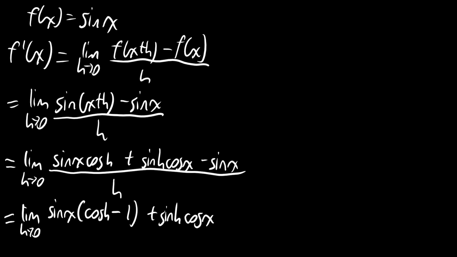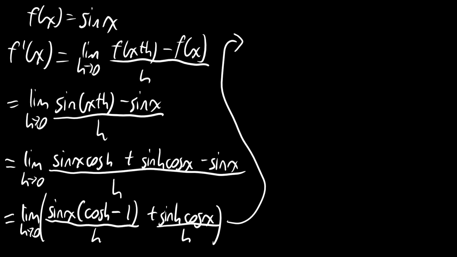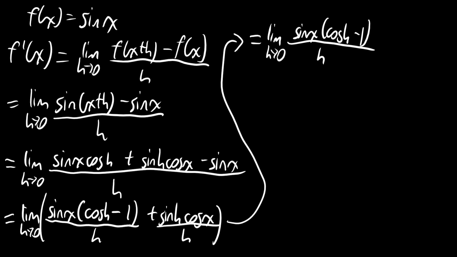And I'm going to do something else. I'm going to split this up into two different fractions, just like that. You're going to see. Then what I can do is I can split this up into two different limits entirely. Sine x times cos h minus 1 over h, and then plus the second limit, which is sine h cos x over h. I'm going to give myself a little bit more space.